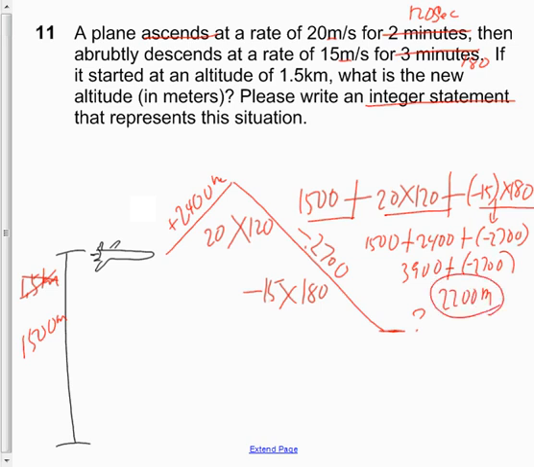Okay, sorry, I made a mistake somewhere there. 3,900, oh sorry, 1,200 meters is what it should be. So therefore, the final height of the plane after that 5 minutes of going up and down is 1.2 kilometers above the ground, or 1,200 meters above the ground.